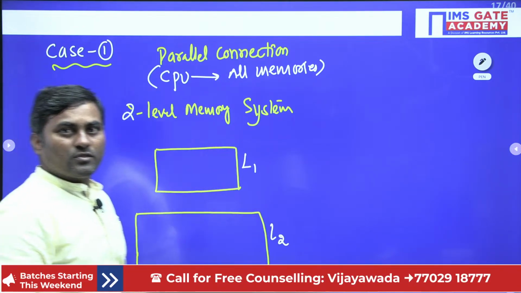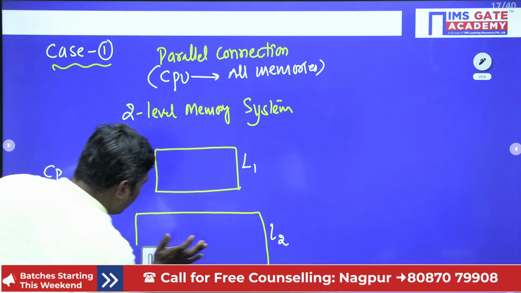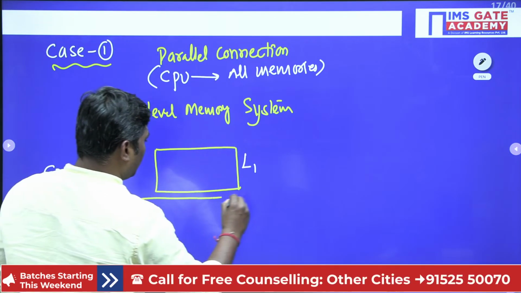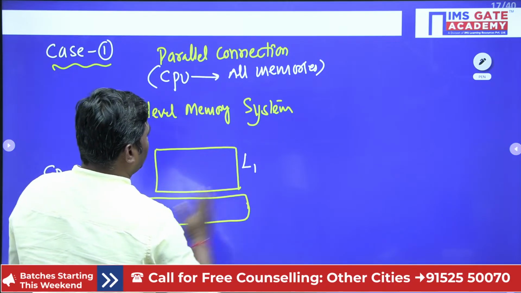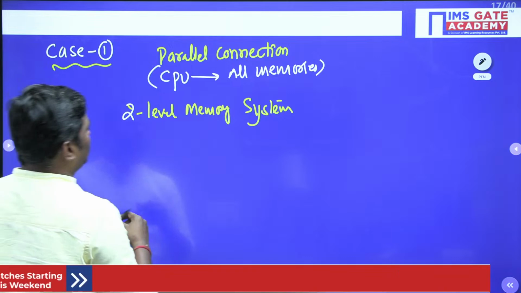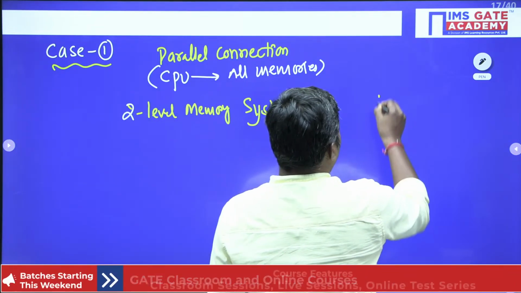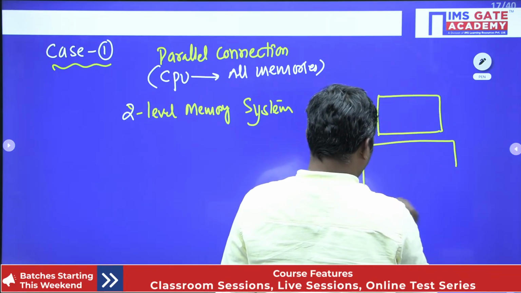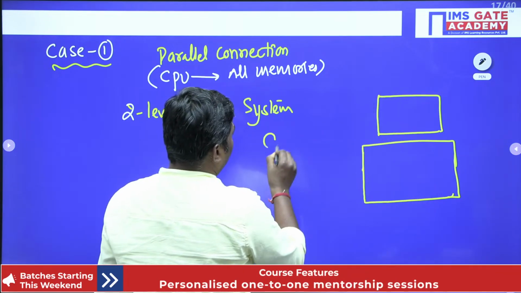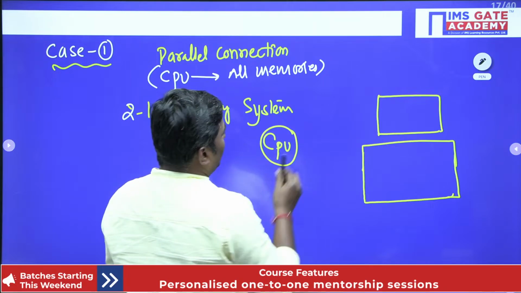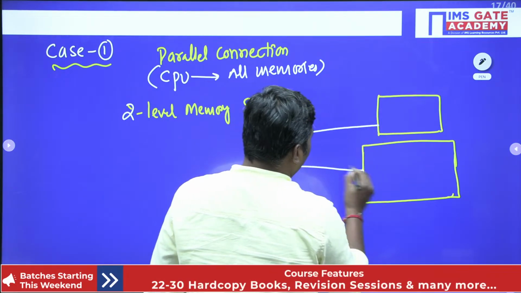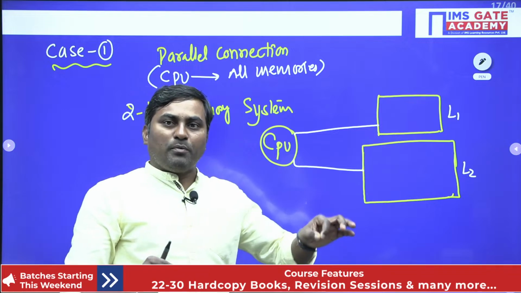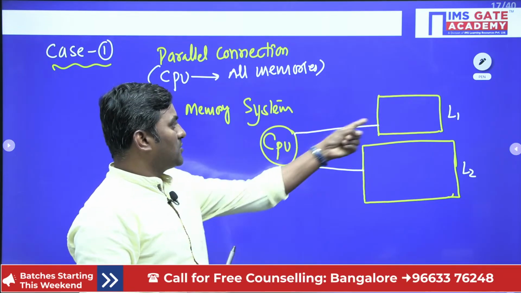In a parallel connection there is no shared bus; each component is directly connected to the processor CPU, and a separate bus will be there for each.